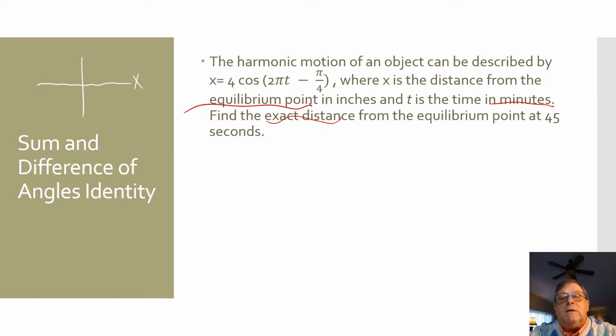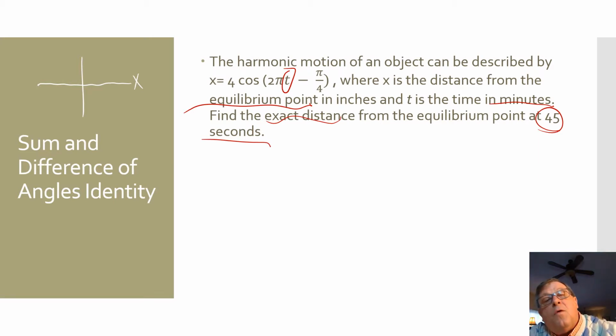Something else I need to think about is this 45 seconds. I'm told that t is in minutes, but this is 45 seconds, and I've got the variable t up here in my function. So I need to convert this 45 seconds into minutes.